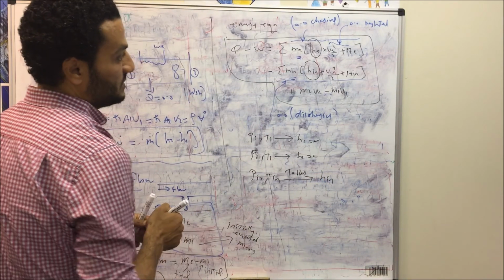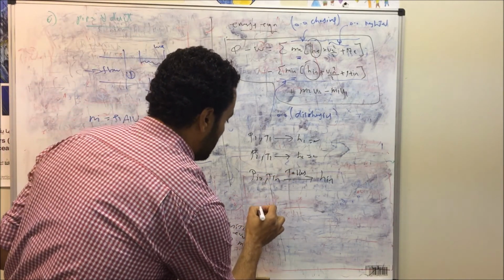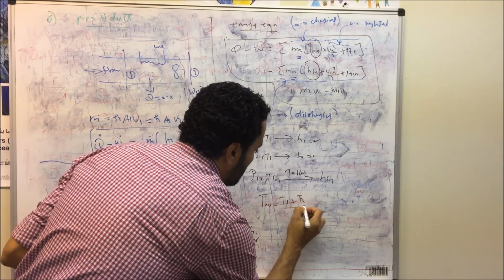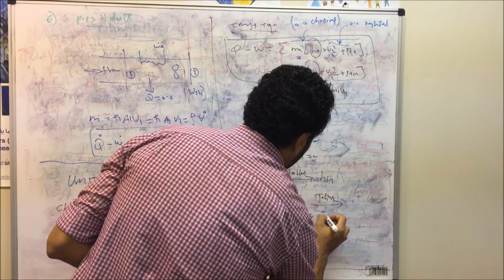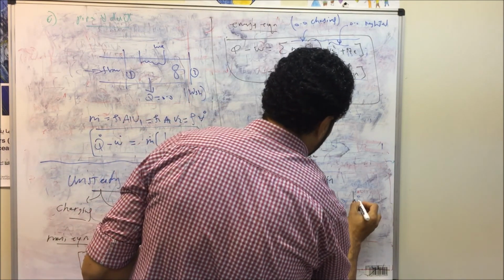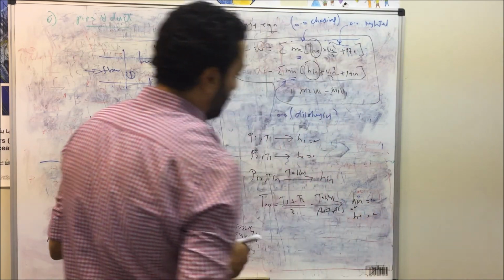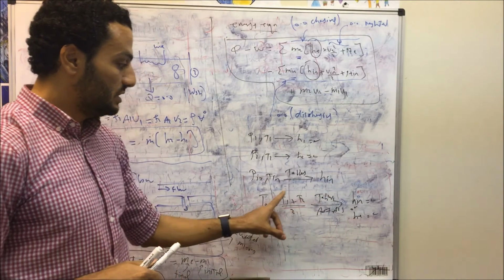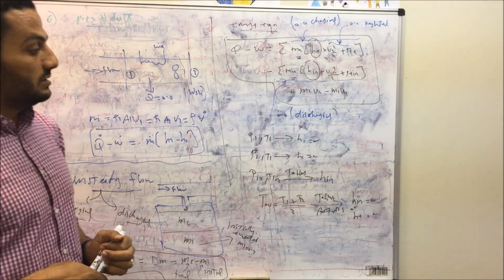But in case of air or any other working fluid, such as a gas, if the conditions are not given, we calculate the average temperature, which is T1 plus T2 divided by 2, and go to the tables. This is for gases, tables A17 up to A25, then we can calculate H inlet or H exit. Either discharging or charging, calculate the average temperature between the initial and final state, then go to the table to get the enthalpy.